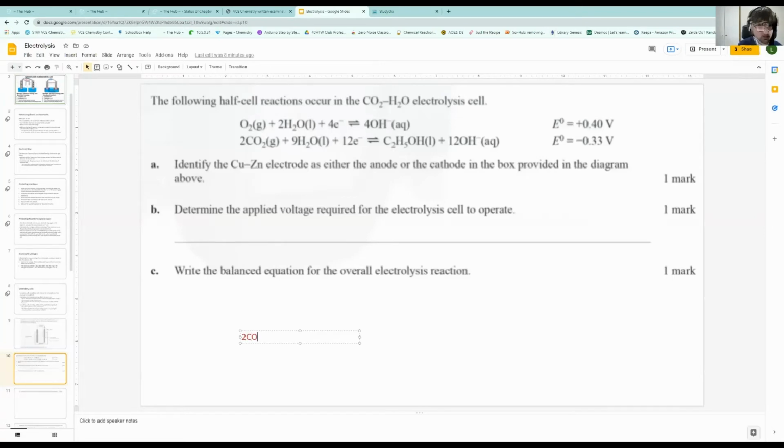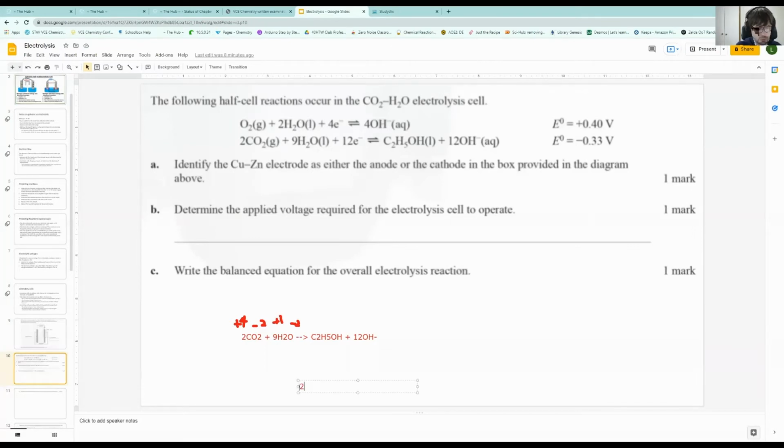So we've got 2CO2 plus 9H2O goes to C2H5OH plus 12OH-. Should be able to go through and assign oxidation numbers. The carbon here is +4, oxygen's -2, hydrogen's +1, oxygen's -2. Carbon here is going to be, let's think about that.